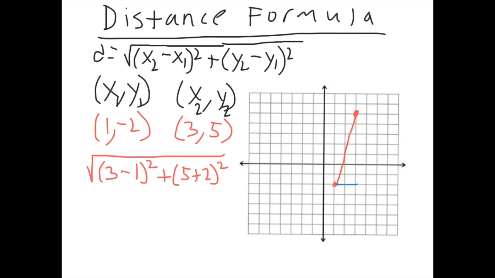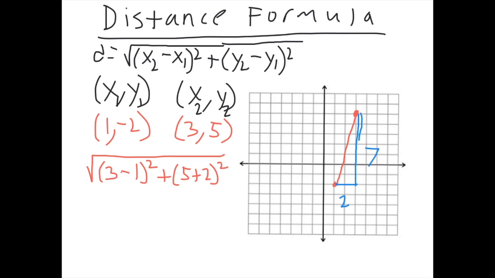We found out the distance of that line right there, which 3 minus 1 is 2. And then 5 plus 2, or 5 minus negative 2, well, from 5 to negative 2, attempting to draw a good line. So that line has a distance of 5 plus 2 is 7.